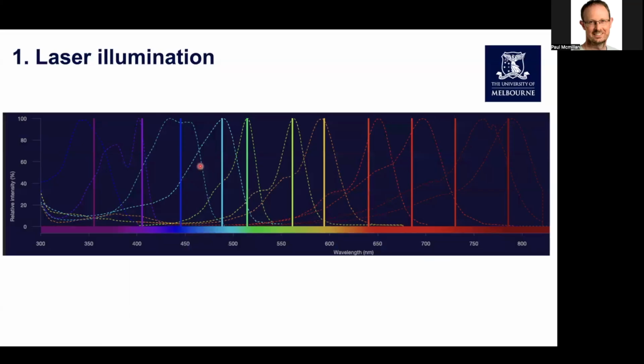One of the really cool things now is that we have lasers available to us that can span all the way from kind of 355 nanometers all the way up to close to the 800 nanometer range now. Whereas before we would have stopped probably around this 640 mark. We can now push more into the near infrared zone. That gives us at least a couple more dyes that we can add into our panels without too much effort.